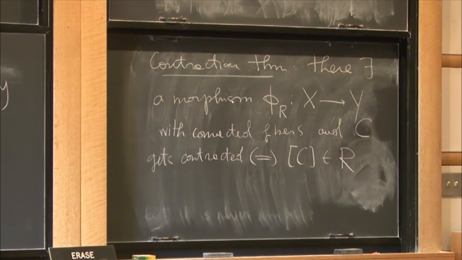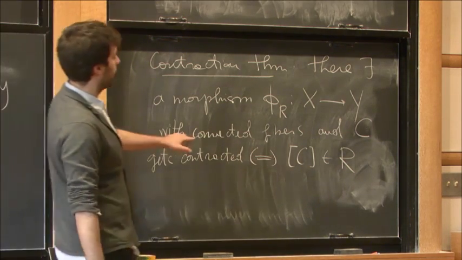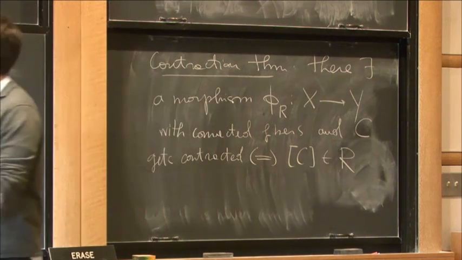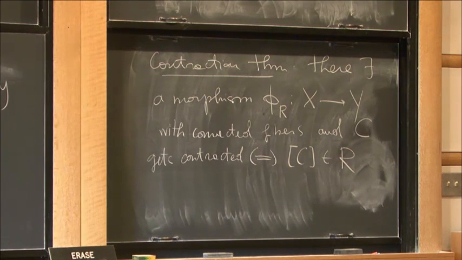Okay, so the first thing to notice is that this thing that I said implies a strong condition on the fibers of phi_R. So the fact is the dimension of fibers of phi_R is less than or equal to 1.